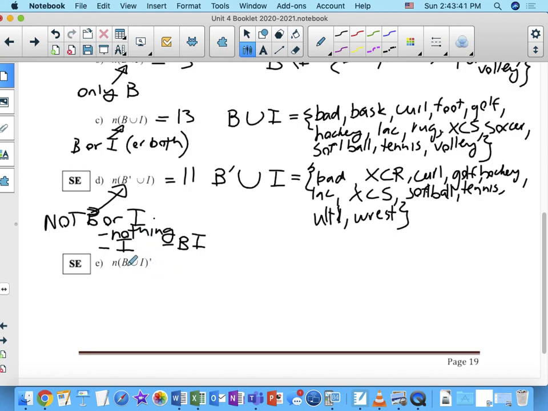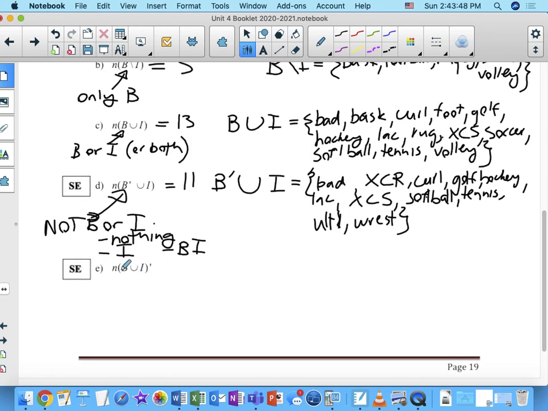This is not B, this is B or I complement. My bad. So I was thinking of intersection. Sorry, go back. Number of elements in B union I complement. So not B or not I. Okay? I was thinking about intersection there. That was my bad. Okay?